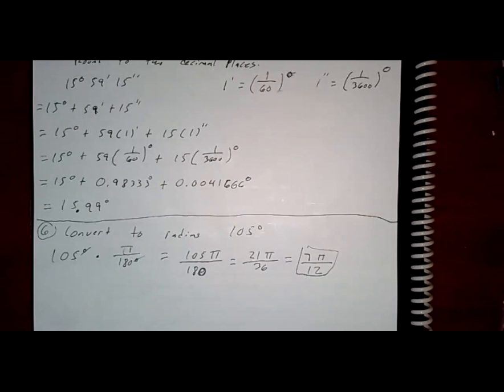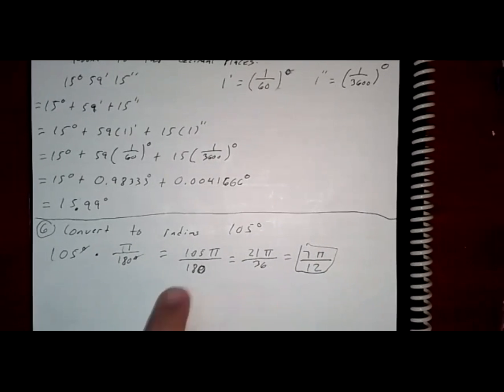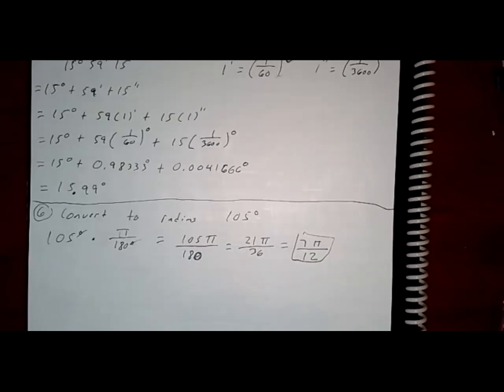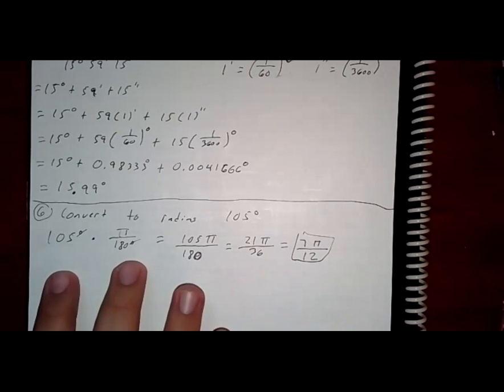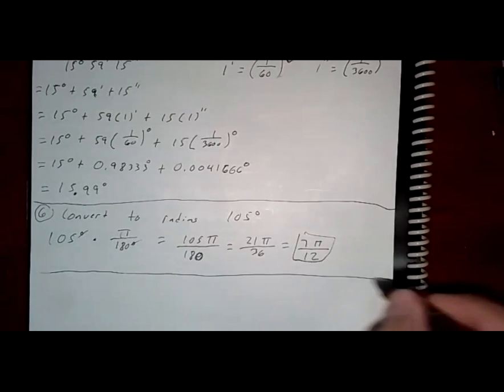So the steps would be: take what you're trying to convert, multiply it by pi over 180, and then reduce whatever you end up getting. So you need to have an exact answer. I'm showing some basic steps of reducing a fraction. If you lack some steps, I for sure want to see at least this first step. Try to show your reduction.